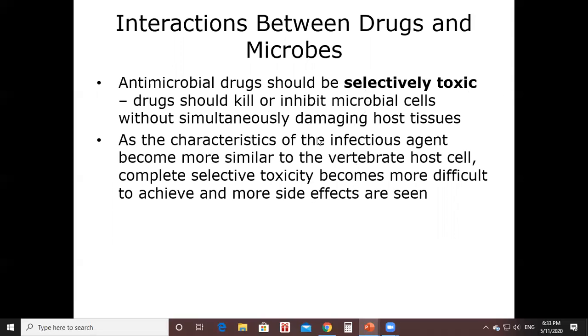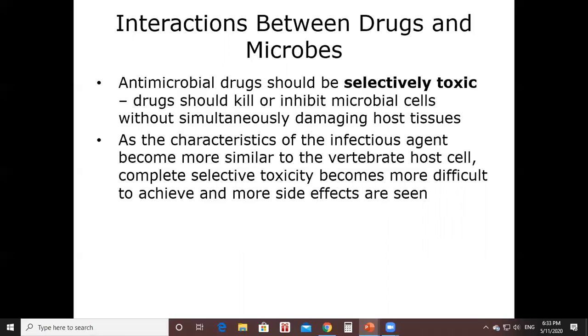As the characteristics of the infectious agent become more similar to the vertebrate's host cell, complete selective toxicity becomes more difficult to achieve and more side effects are seen. So that's why it's fairly easy to get antimicrobial agents for bacteria, because bacteria are prokaryotic and we as vertebrates are eukaryotic cells.